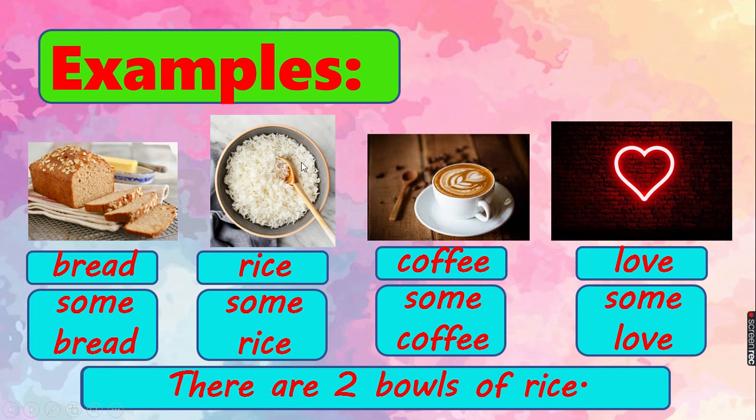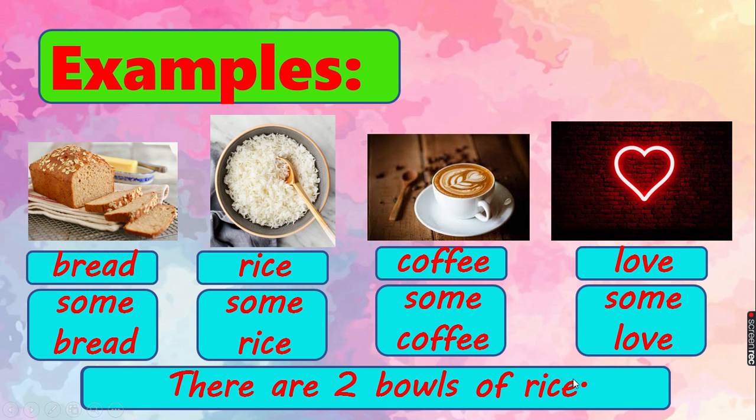But if we use the word bowl, this is a bowl. It's where you put the rice. We can use are if we use the word bowl and we have the number of how many. We can say there are 2 bowls of rice. Did I say rices?